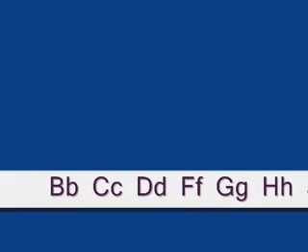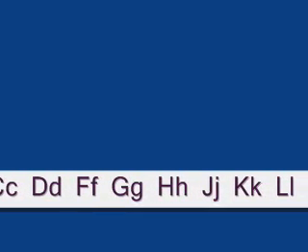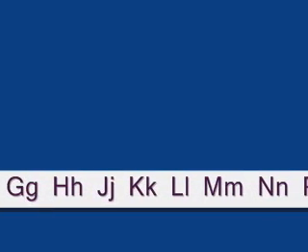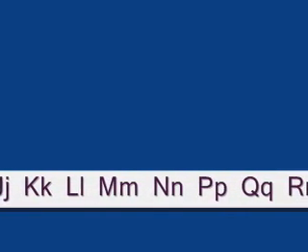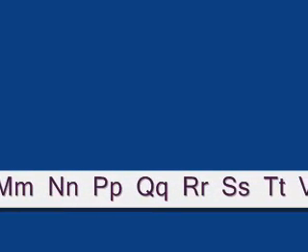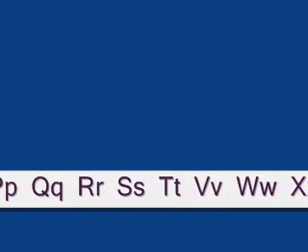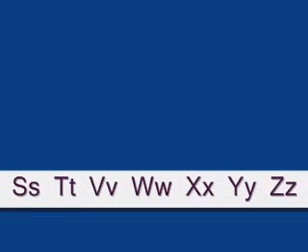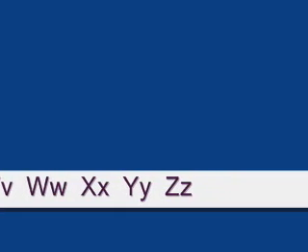So B is b, C is k, D is d, F is f, G is g, H is h, J is j, K is k, L is l, M is m, N is n, P is p, Q is kw, R is r, S is s, T is t, V is v, W is w, X is ks, Y is y, and Z is z.